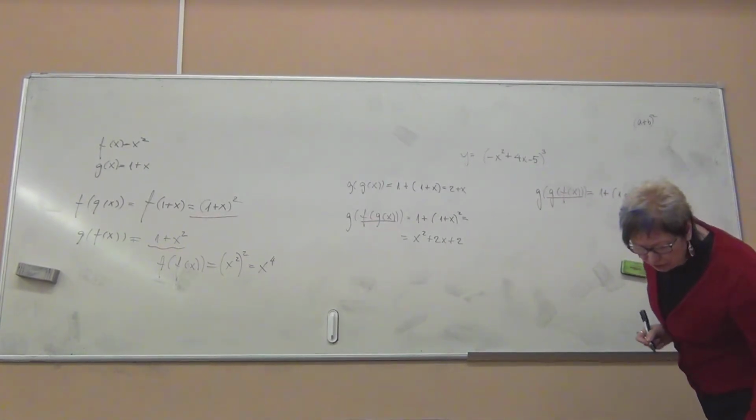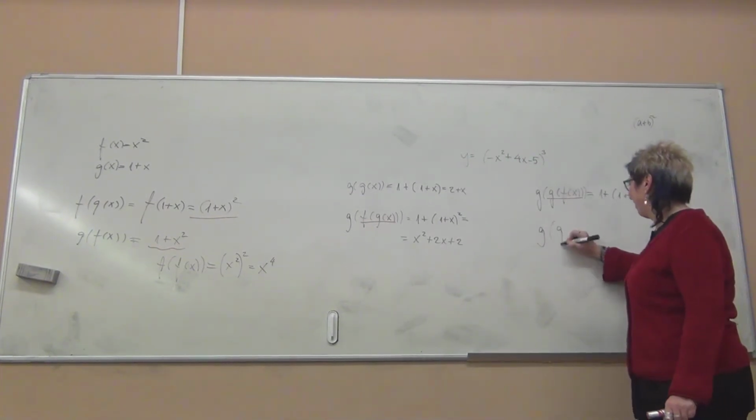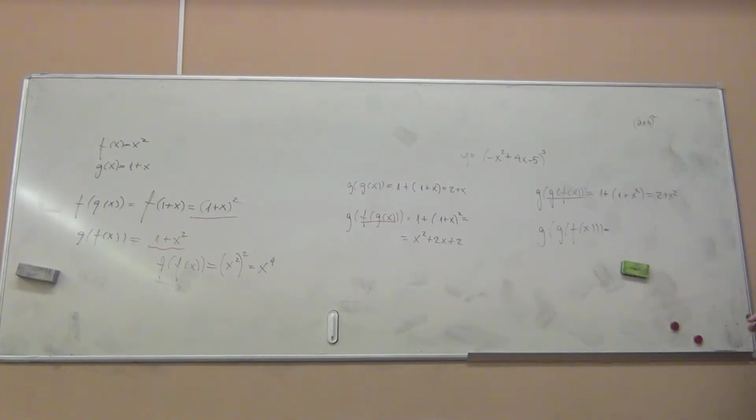The next one is g of f of f. In your individual home tasks, which will come soon, you will have 3 functions, not 2 different functions, and you will have to make different combinations.